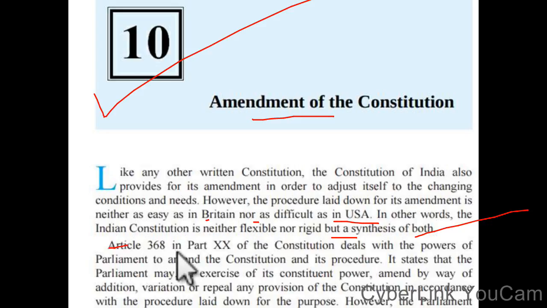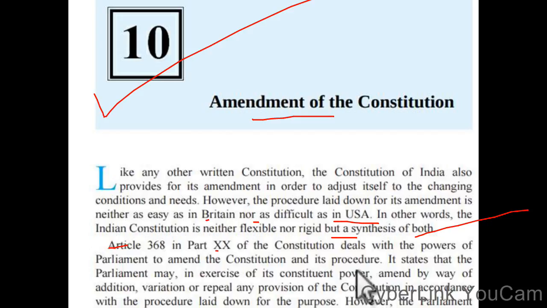Article 368, Part 20, deals with the power of Parliament to amend the Constitution and its procedure.